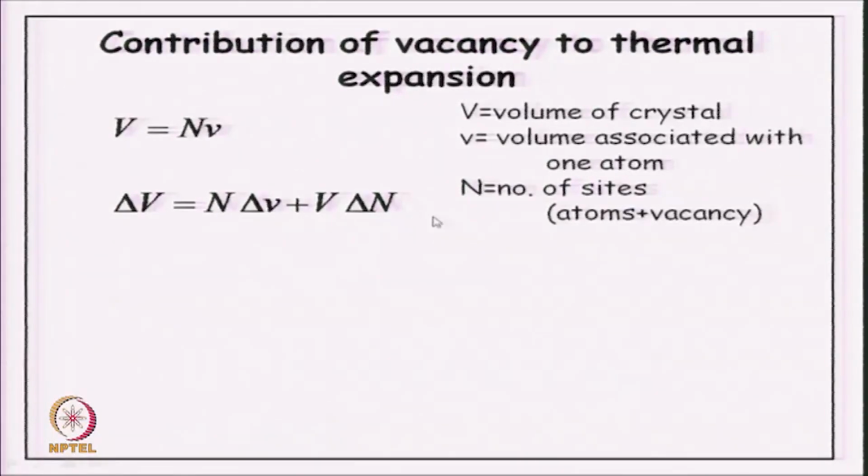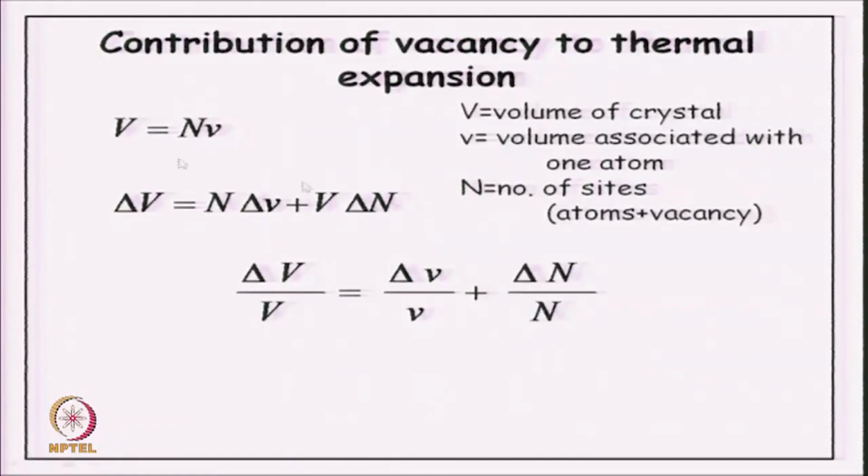So, we get this expression by simply differentiating, and if I divide this by the original expression V is equal to N v, we can write in terms of fraction. So, total fractional increase in volume is the first fraction plus the second fraction.